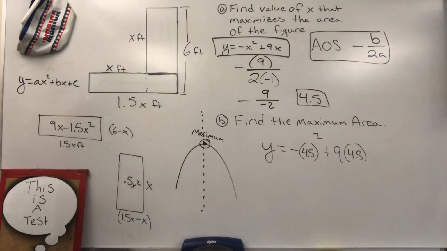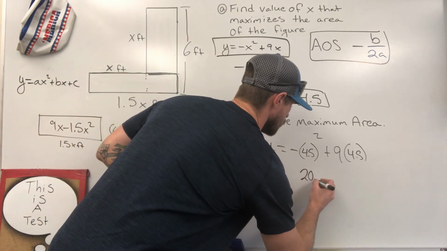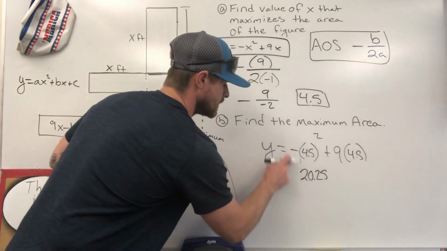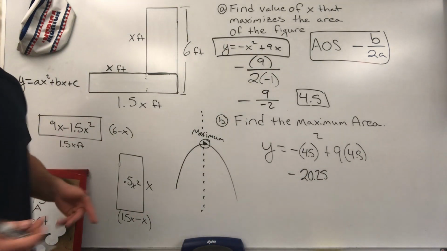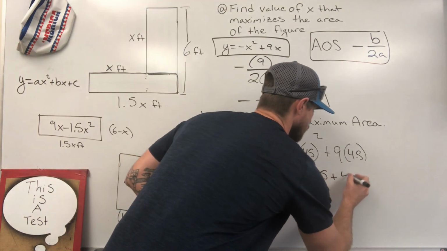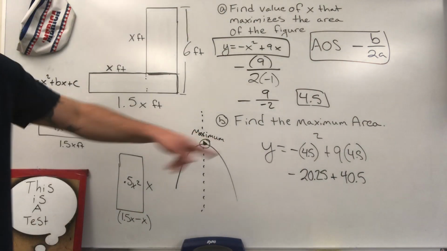So let's start with 4.5 squared. That's going to give you 20.25, but we need it to be negative. Then we got to do 9 times 4.5. 9 times 4.5 is going to give me 40.5. Okay. Combine those together.